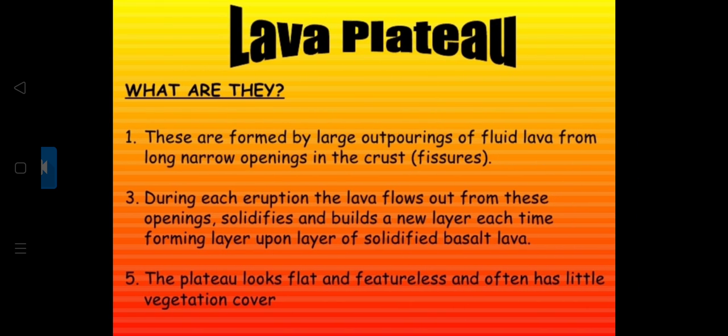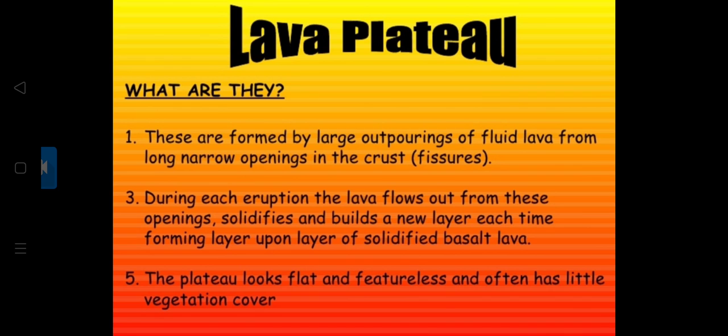Lava plateau, now more information. What are they? They are formed by large outpourings of fluid lava from long narrow openings in the crust, cracks or fissures, as I told in faulting. During each eruption, the lava flows out from these openings. When lava flows out, it solidifies and builds a new layer.